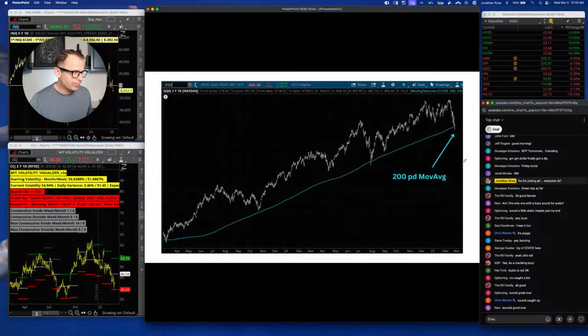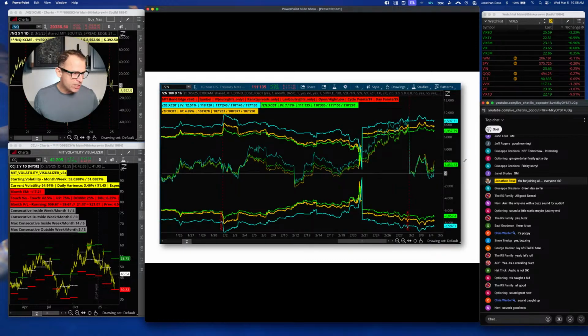This is out of order. QQQ, at the same exact time that TLT was getting to its 200 period moving average, QQQ was getting to its own 200 period moving average. I think QQQs are a little under that 200 period moving average right now, but bonds have sold off as well. Let me go to this previous chart.